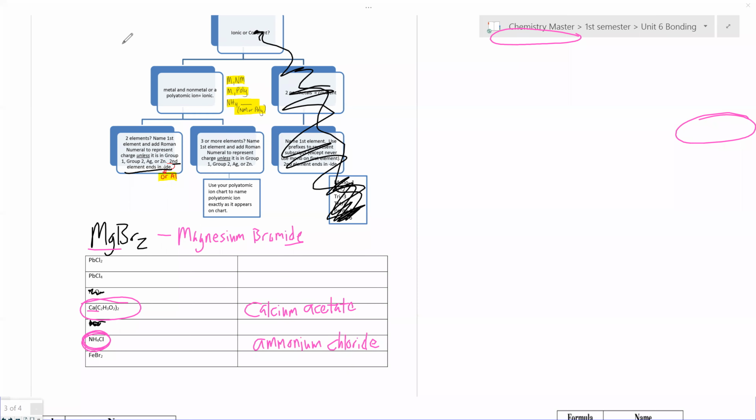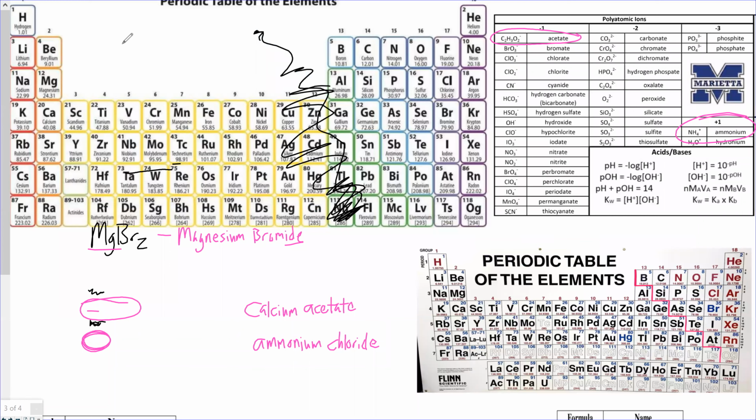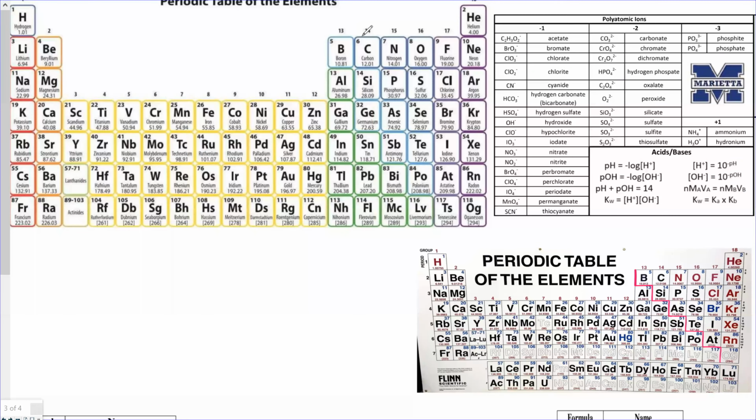Anytime your first element comes from somewhere in this area, or the other ones you may see me use, like lead, tin, maybe antimony and bismuth, then you have to use a Roman numeral, because those are the ones where the charge changes.